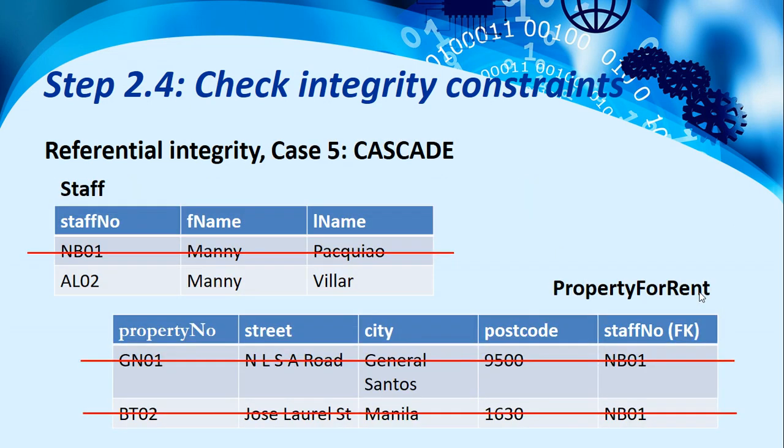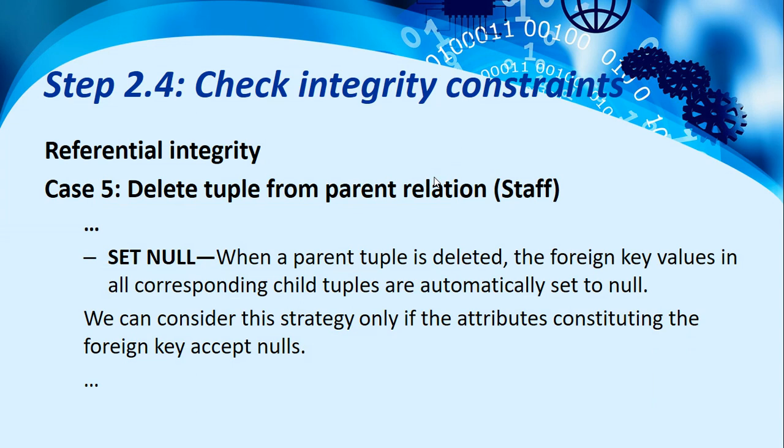For example, if we were to delete Manny Pacquiao, all properties owned by Manny Pacquiao, in which case these two, will also be deleted. That's what happens with delete cascade.